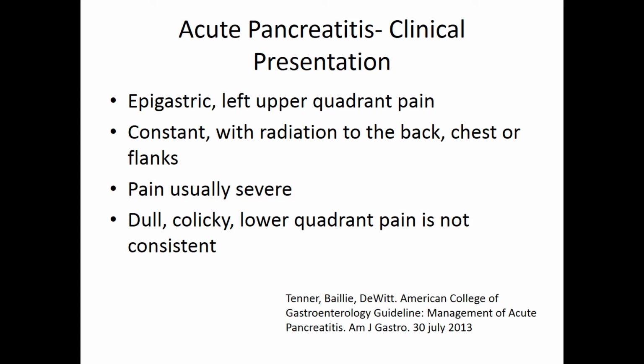It's usually a severe pain, so most patients describe a pain that's 7, 8 on 10 at least. And something that would make you think is less consistent with the diagnosis if the patient has a dull, colicky pain located in the lower quadrant, a pain that fluctuates. You would need to make sure that this is not something else going on instead of acute pancreatitis.